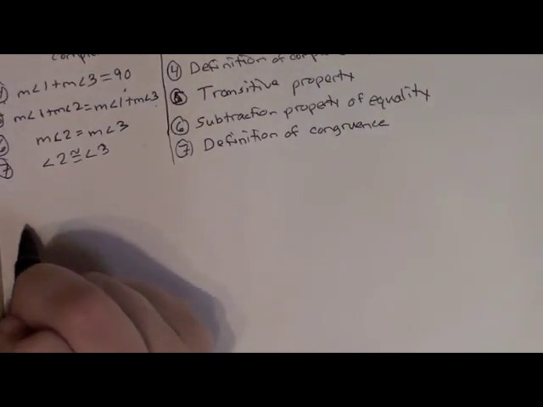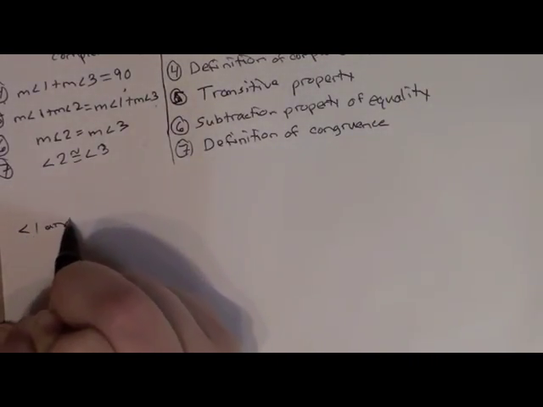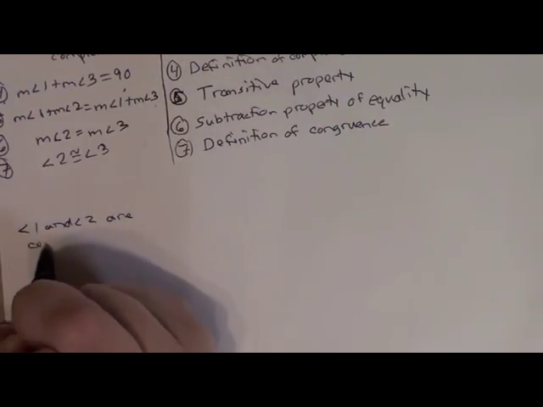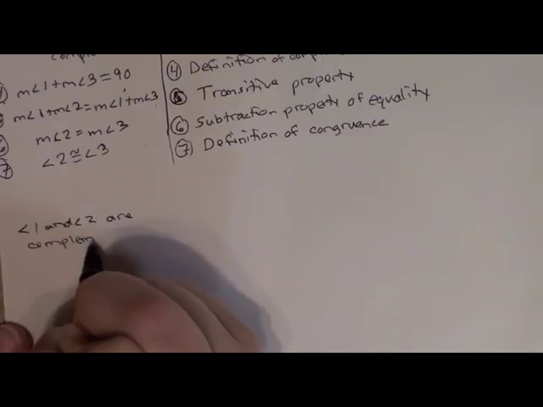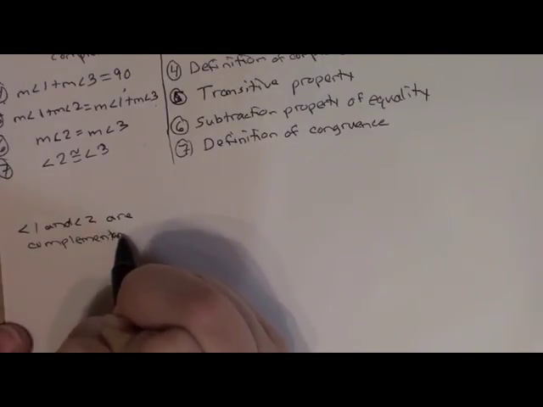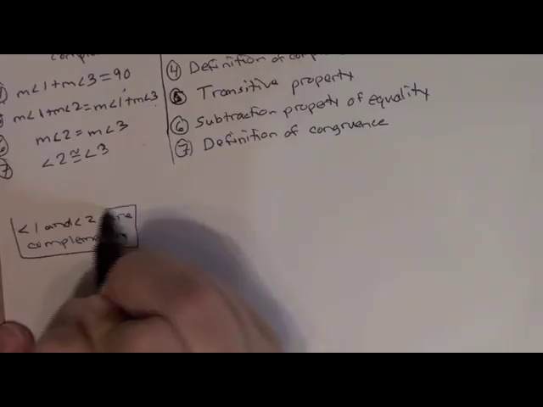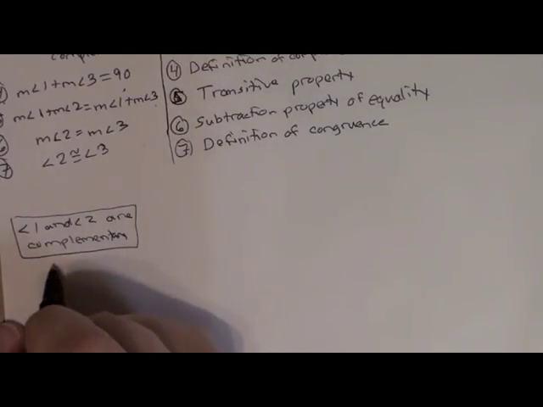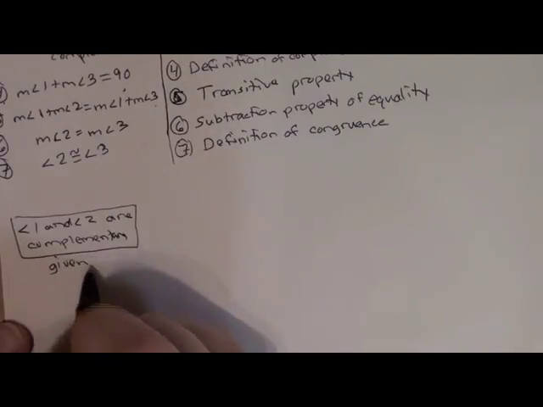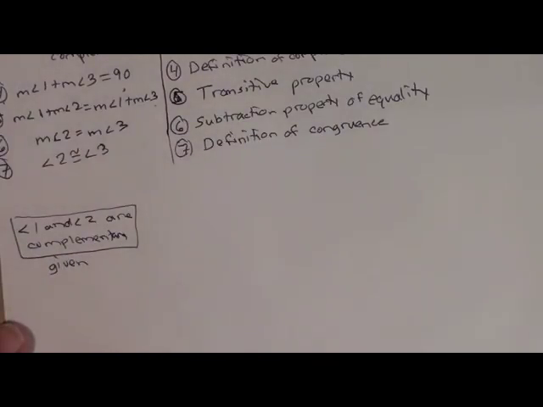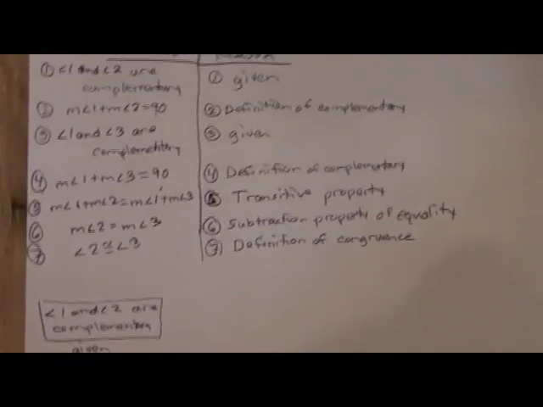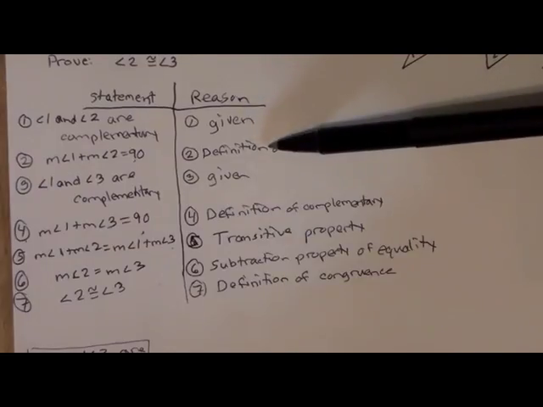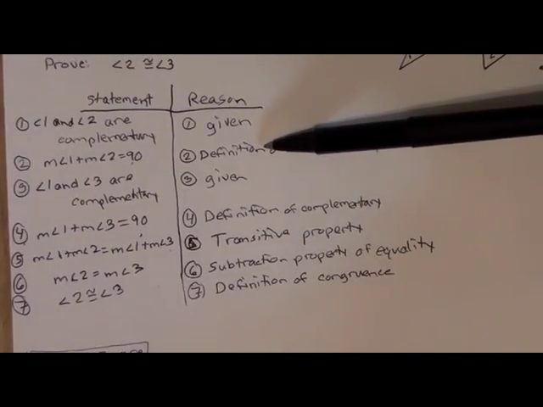Line 1 says, angle 1 and angle 2 are complementary. And that goes in a box. And underneath the box is our reason. Well, our reason from above was given. Now line 1 up here at the top told us that line 2 was going to be true.